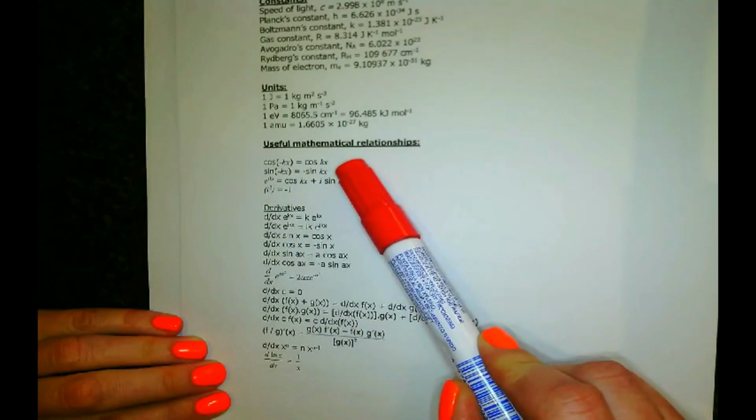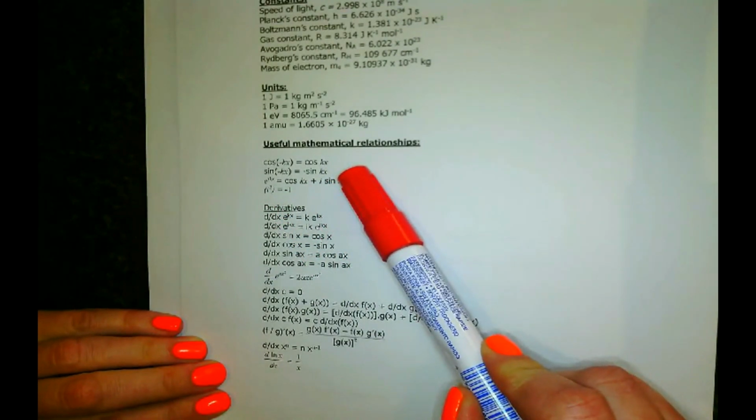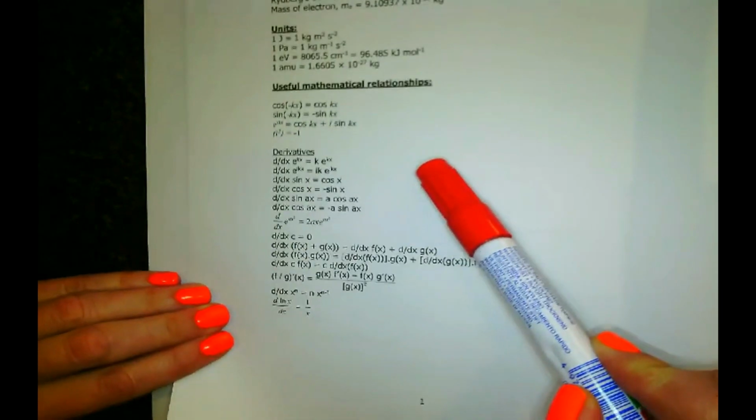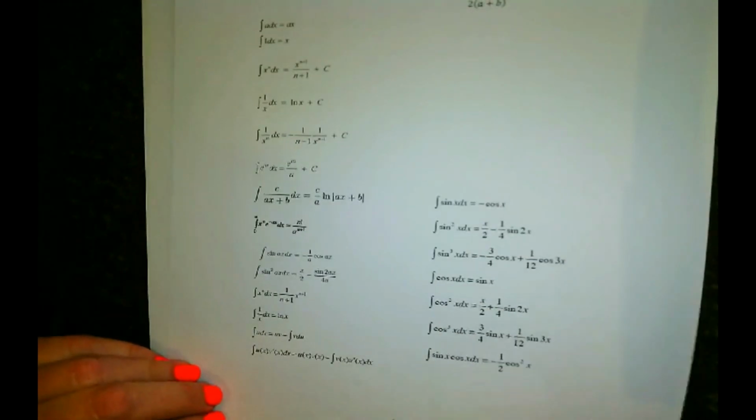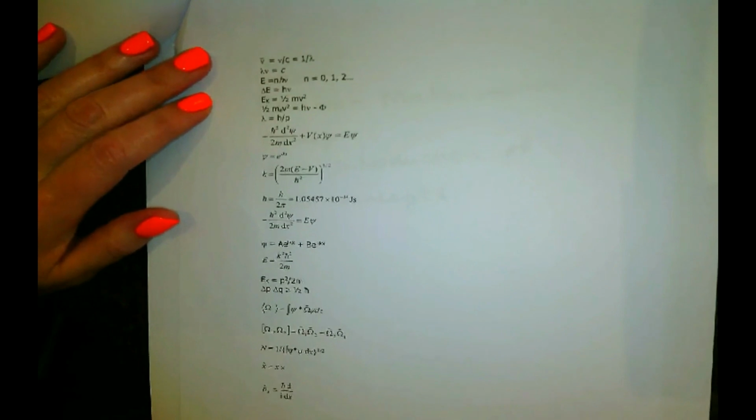The relationships between cos and sine curves. Then there are some derivatives that we're going to use. On the next page you will find some integrals, and then from page 3 there are equations relating specifically to the chapters that we will be looking at.